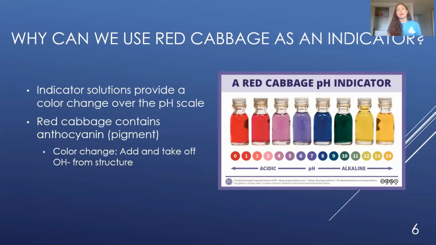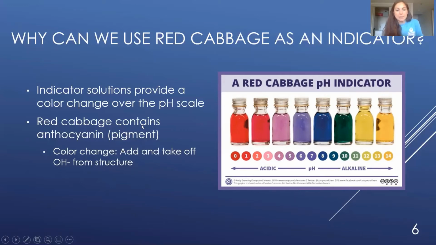And why can we use red cabbage as an indicator? I promise we're about to get to the experiment, but this is very important. So again, on the right, we have a pH scale. It goes from 0 to 14. And each way along the scale, it tells how many hydrogens, 0 having the highest concentration of hydrogen, and 14 having the least concentration of hydrogens.